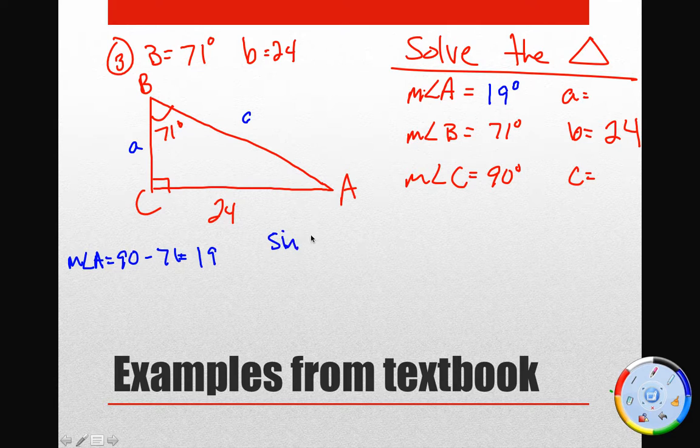So I know that sine of 71 has to equal the opposite side over the hypotenuse. And then just the idea is to solve for c. So I have to multiply both sides by c, or cross multiply essentially. And then to get c by itself, I need to divide by sine of 71.